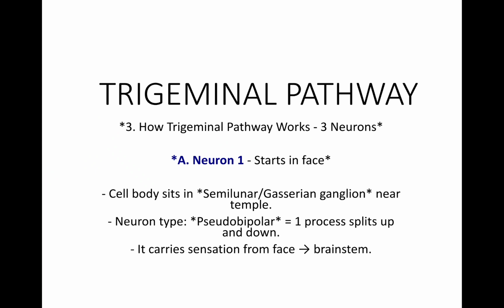Next is the trigeminal pathway, and it has three neurons involved. We start from neuron 1, which starts from the face. Its cell body sits in the semilunar or Gasserian ganglion near the temple.